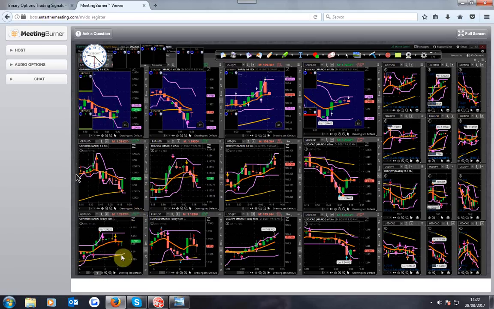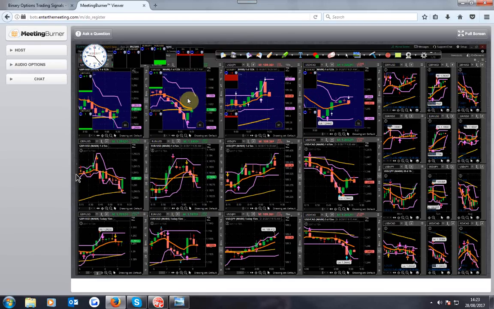GU's looking good, isn't it? Yeah, there you go, here we go, see the 5 minute signal here. What I don't like is the oil's red as well. It's probably the only thing holding it back at the minute. Let's have some red.